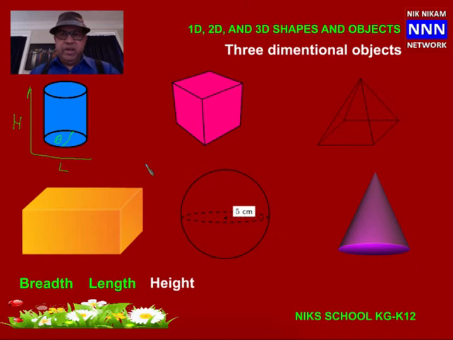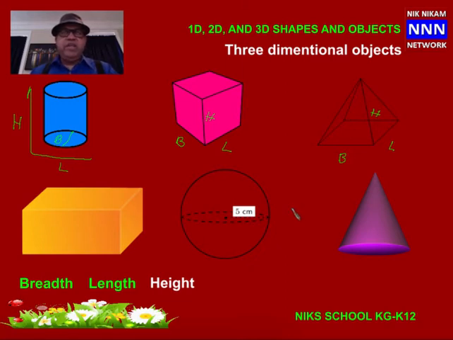All right. And here is a cube. Again we have the breadth, length, and this is the height. This is a cube. And here we have a pyramid. Pyramid also has the breadth, length, and this is the height. Good.